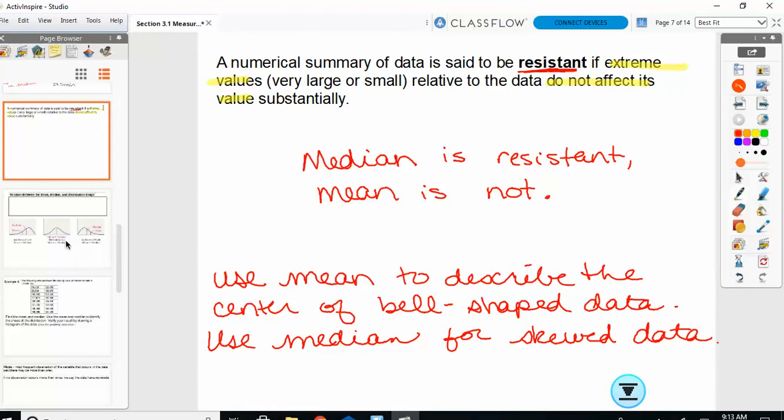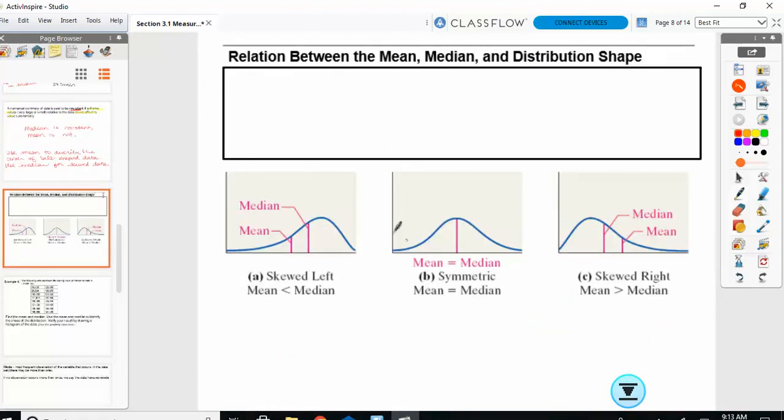All right, so I have a chart we're going to kind of look at. These are the three cases. We know we can have skewed left, bell-shaped, and skewed right. Okay, so if it's skewed left, when you have more low values, it drags the mean, the average, down. And so when it's skewed left, that means your mean is going to be smaller than the median.